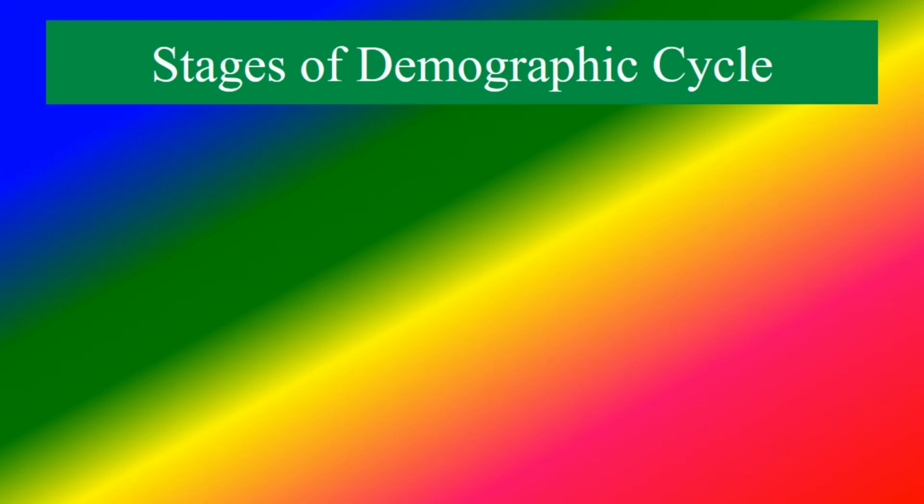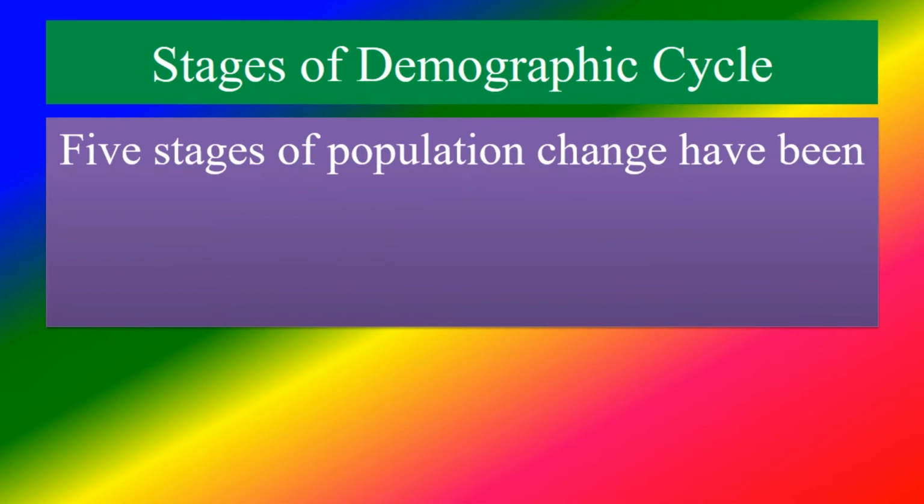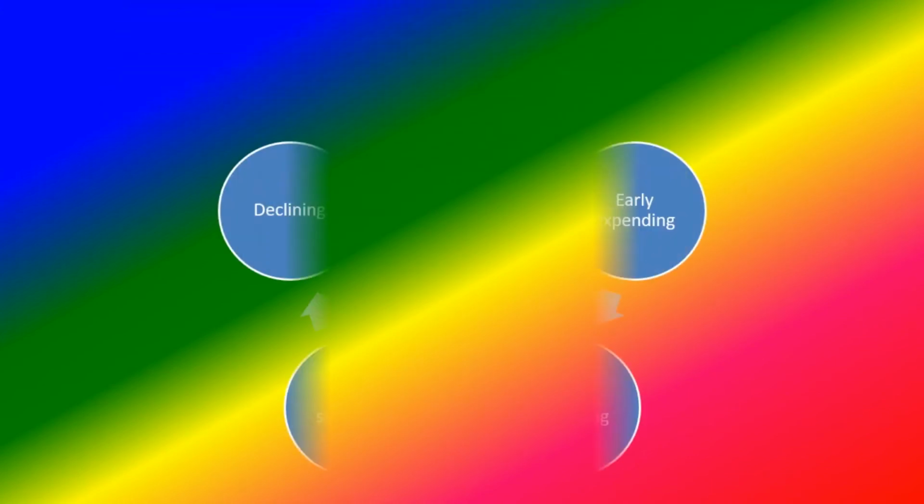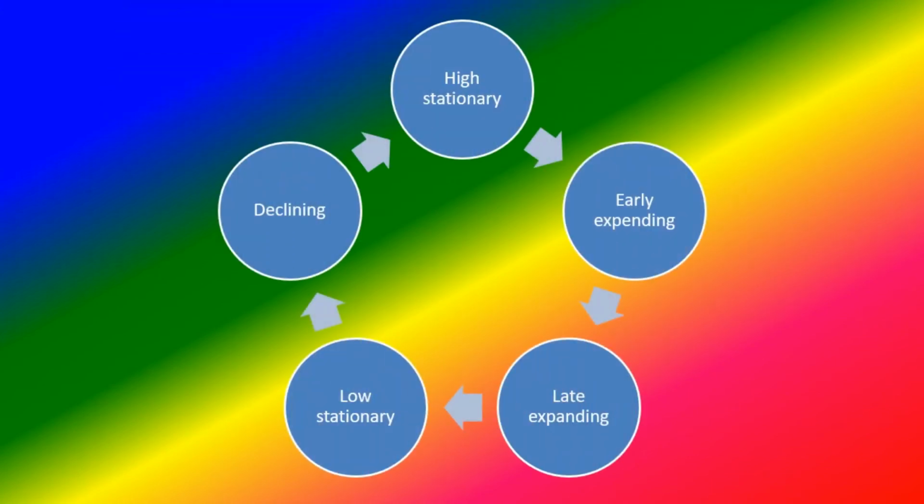Stages of demographic cycle. 5 stages of population change have been identified in the demographic cycle. Look at this: high stationary, early expanding, late expanding, low stationary, declining.